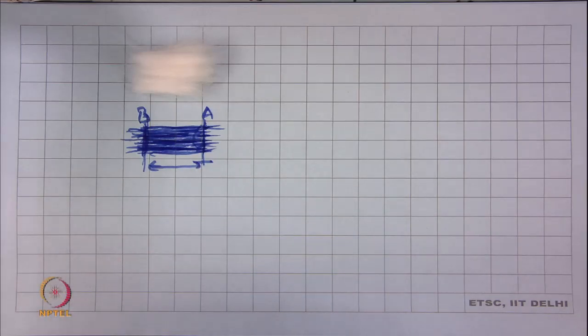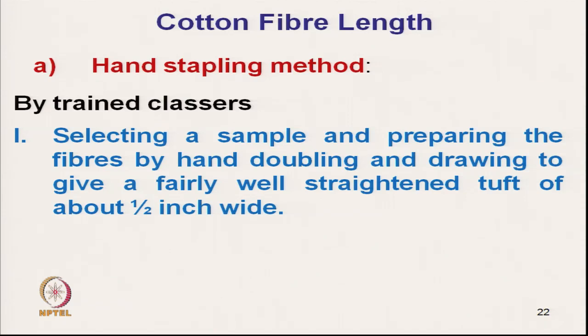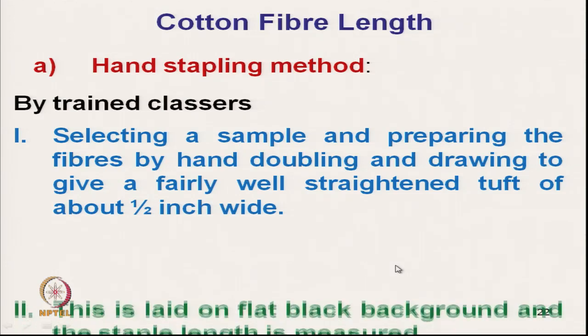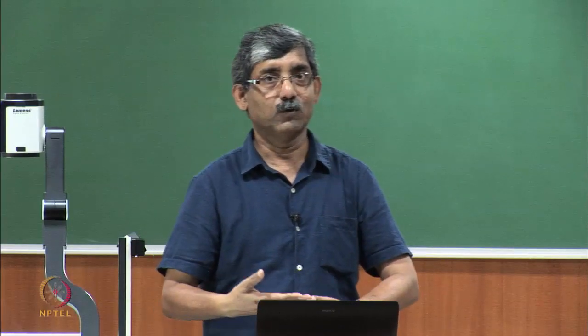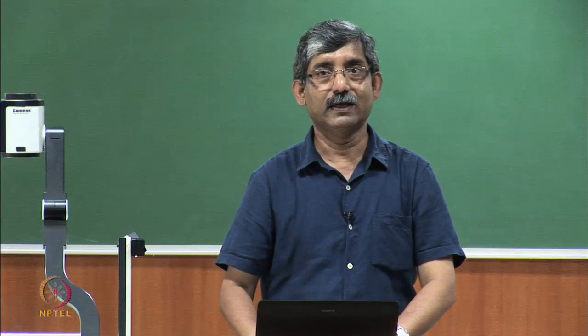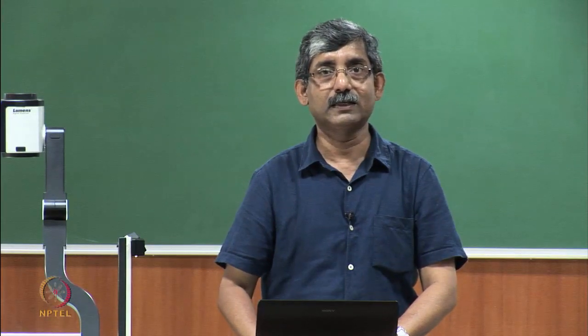And the width of the fringe is approximately about half inch. This is laid on a flat black background, against which the white fiber can be seen clearly, and the staple length is measured.